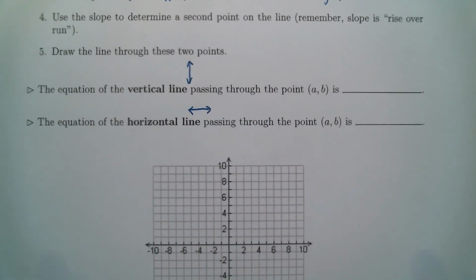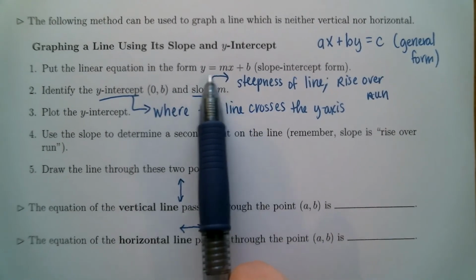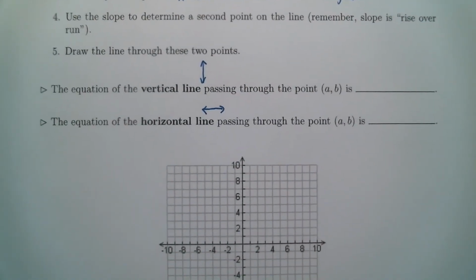They may come up occasionally when you have a system of linear equations. More often it will be a line with slope, but you may get a vertical line or a horizontal line. So I want you to know how to handle that in case you see it. All I have here are 2 bullet points.